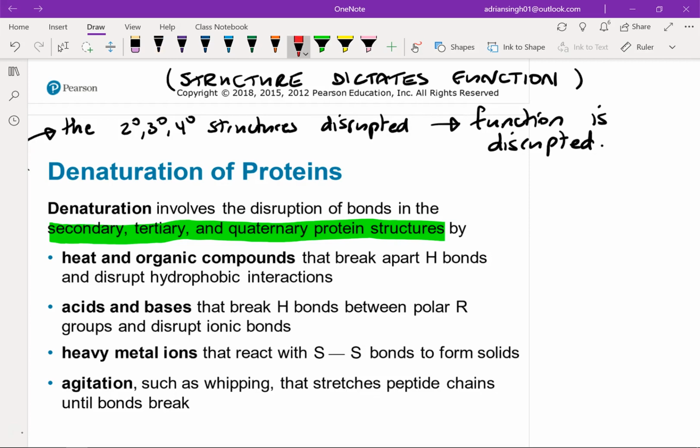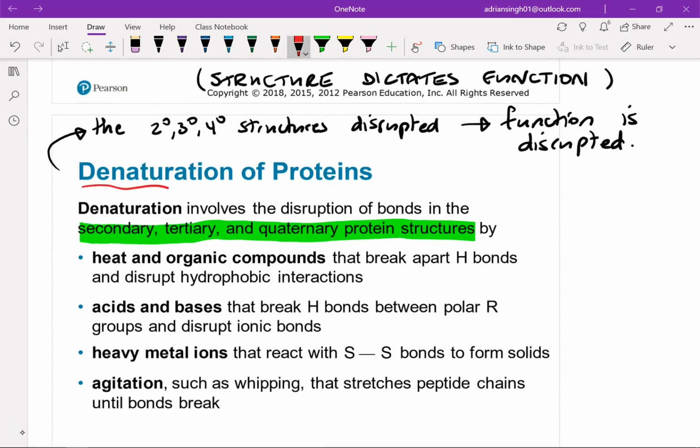One thing to keep in mind when we look at denaturation of proteins, denaturation does not affect the primary structure. It doesn't affect the sequence of the amino acids. That's still intact. What we end up affecting when we denature a protein is the actual shape of the protein. The secondary structure, the alpha helix or the beta sheet, the tertiary structure, the 3-dimensional shape, or the quaternary structure if you have multiple subunits.